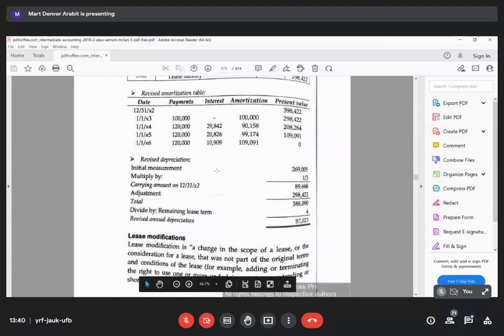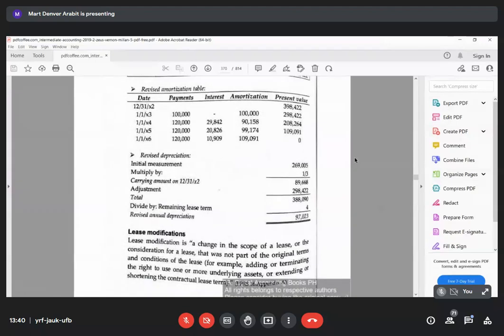So lease modification. Lease modification is a change in the scope of a lease or the consideration for a lease. It was not part of the original terms and conditions of the lease. For example, adding or terminating the right to use one or more underlying asset or extending or shortening the contractual lease term. So this is different from reassessment in this extent that it could add and terminate the right to use.